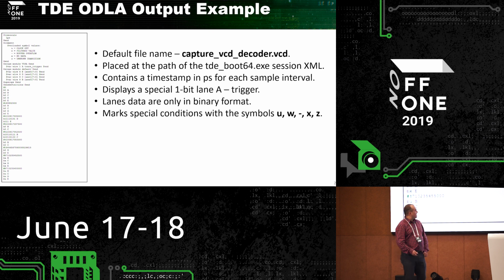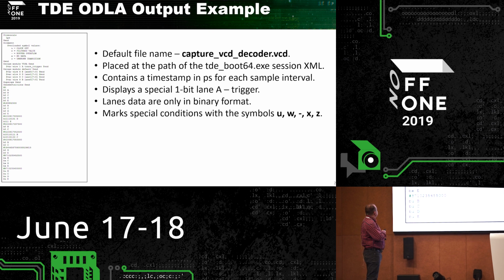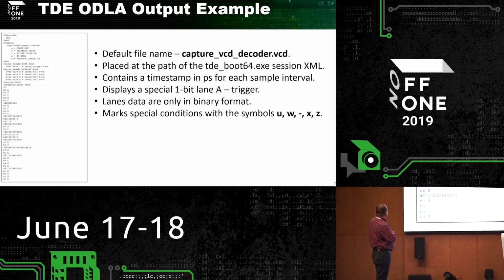What you can see here, I'm not sure whether you see it or not, is that every moment where input lanes are polled is marked with a timestamp up to 5 picoseconds, and each lane has 8 bits, that's 1 byte for each lane, and you can see its state at the moment of polling. Where you have a high-level signal you have 1, where you have low it's 0.